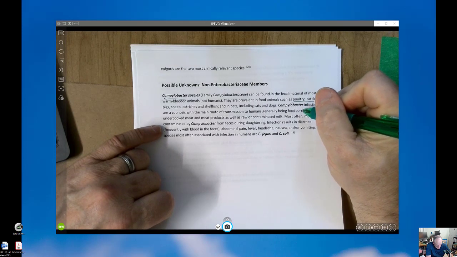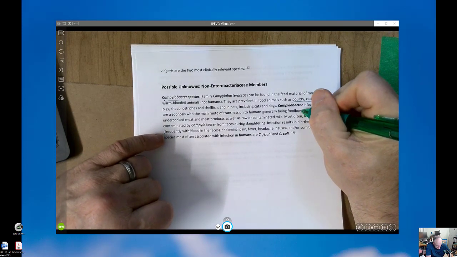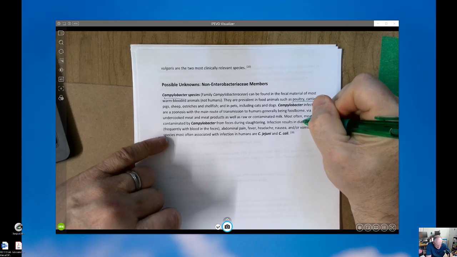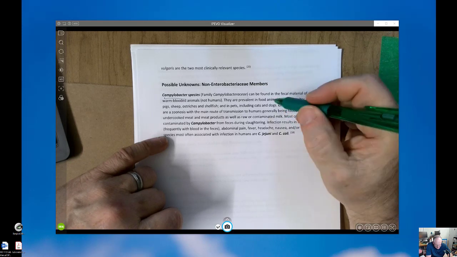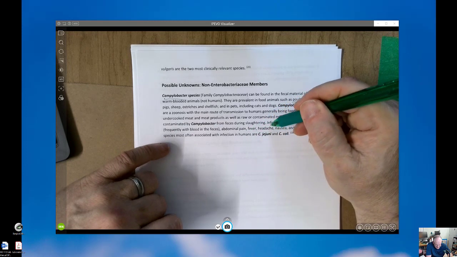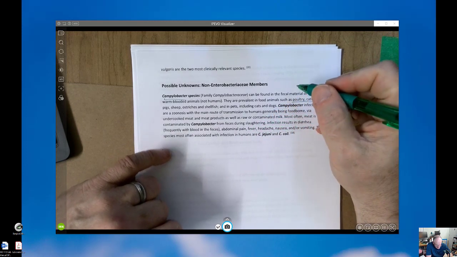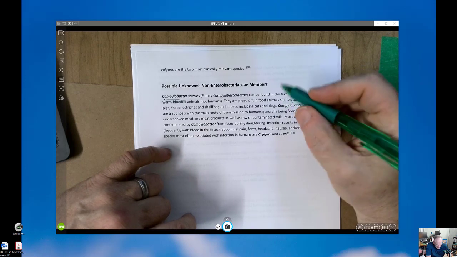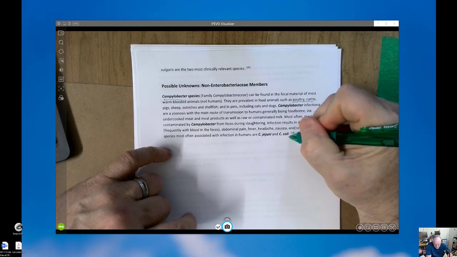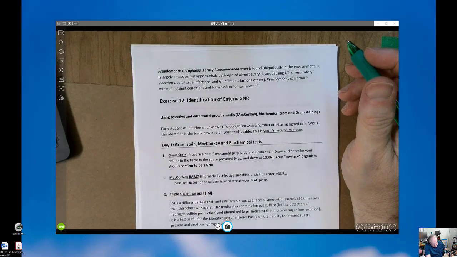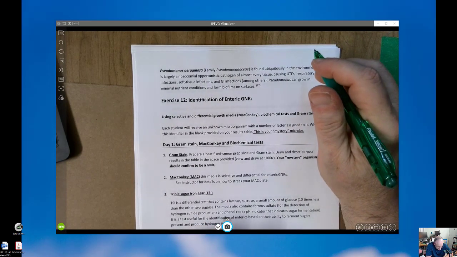But there is a foodborne transmission to humans, and infection can cause diarrhea, usually bloody, abdominal pain, and it can cause ulceration, fever, headache, nausea, and vomiting. Pretty bad. So we have Campylobacter jejuni and Campylobacter coli, and those are pretty common. You probably will see those in your practice.